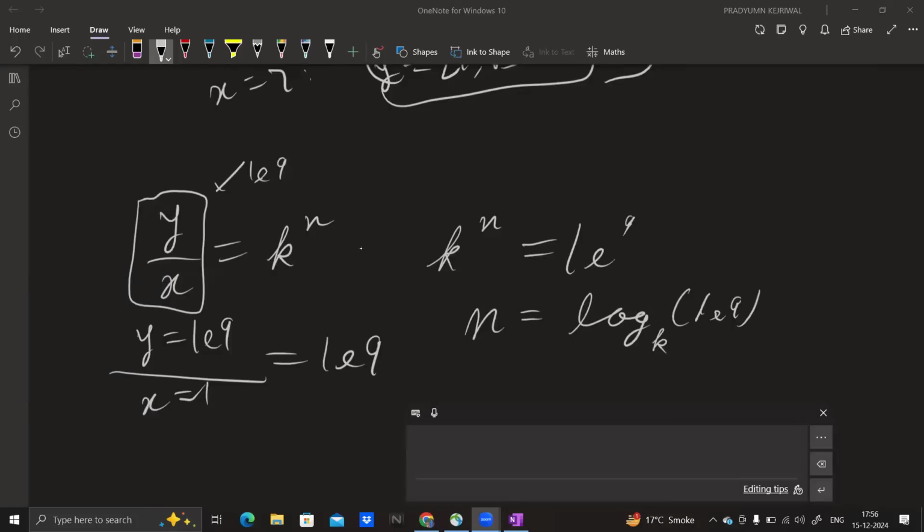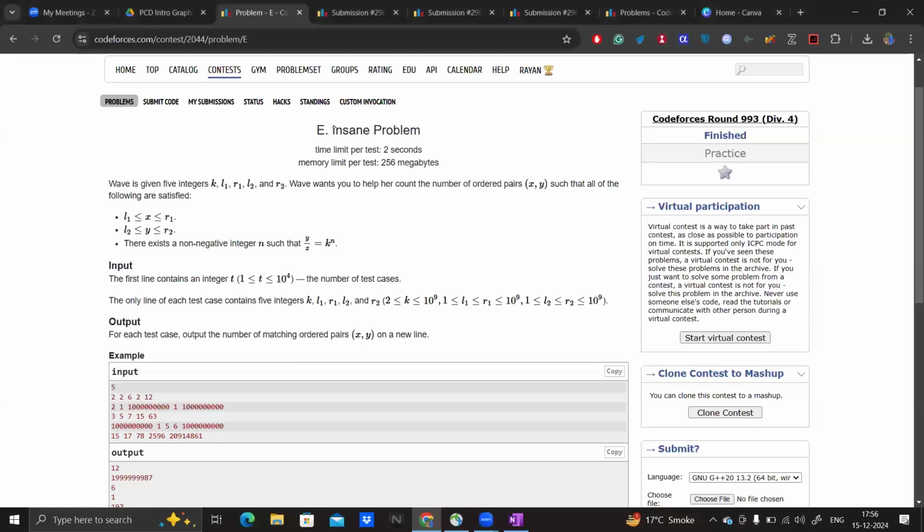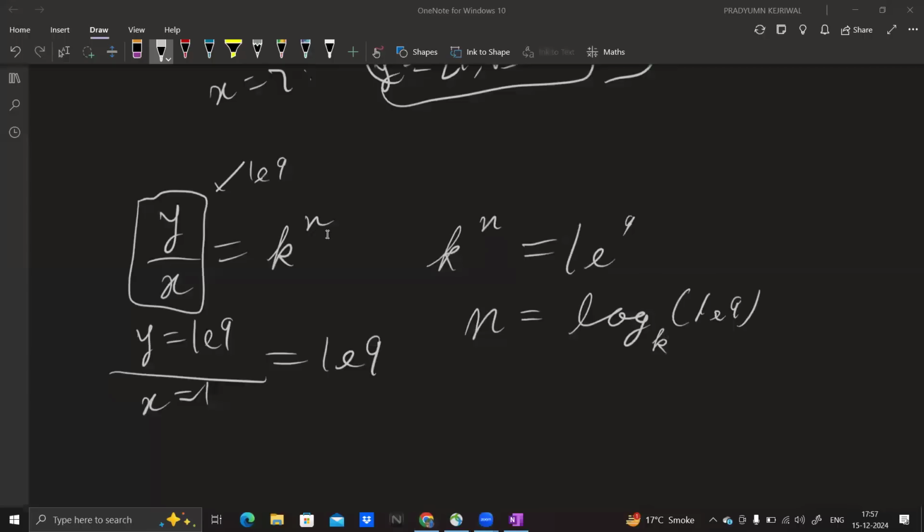Okay, so I was saying that I can't iterate over X because the limits are harsh. I can't iterate over Y. But I then checked for N, and then I saw that Y upon X equals K to the power N, right?